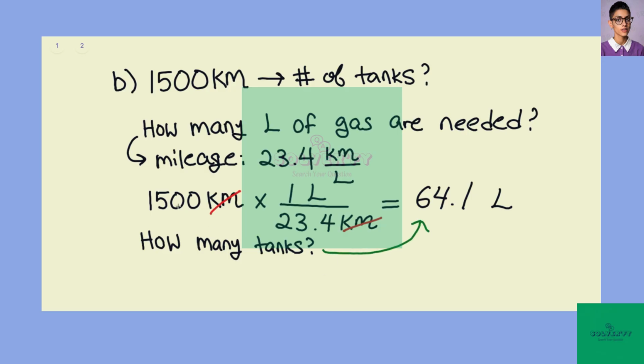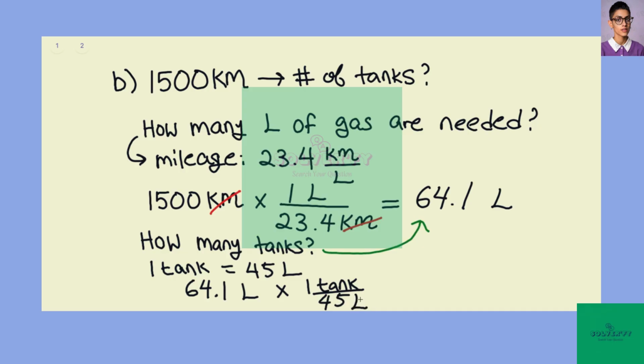Now, what we're given in this problem is that every one tank can hold 45 liters of gas. So what I will do here, and once again, the strategy will look awfully similar, is I will multiply 64.1 liters of gas by one tank divided by 45 liters.